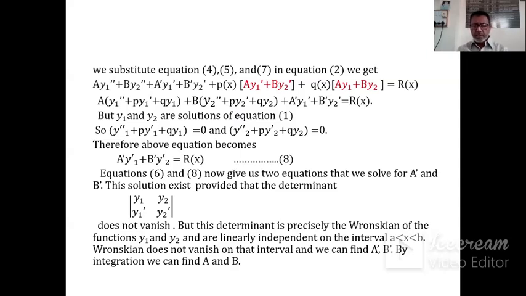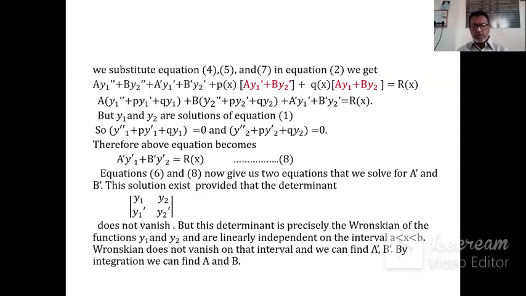But we know that y1 and y2 are linearly independent, therefore their Wronskian is non-zero. Therefore, this determinant is non-zero on the interval a less than x less than b, meaning equations 6 and 8 have solutions.